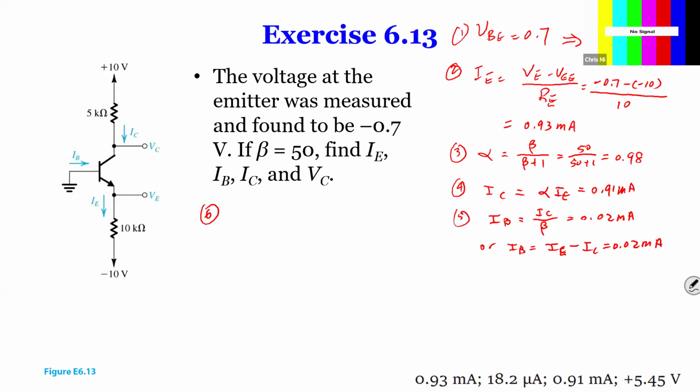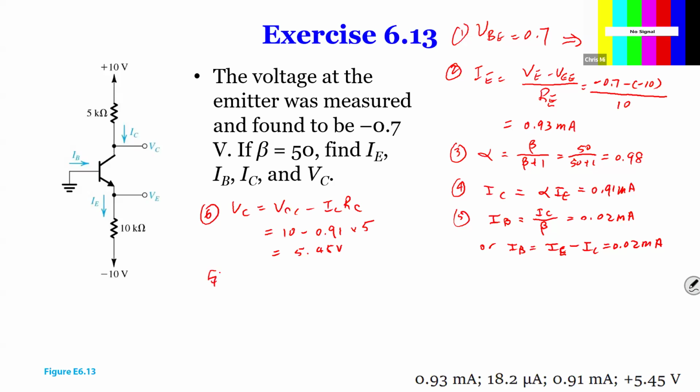The importance of finding VC is to make sure the transistor is not in saturation. VC is VCC minus IC times RC. VCC is 10, IC is 0.91, times RC is 5K. That gives you 5.45 volts.